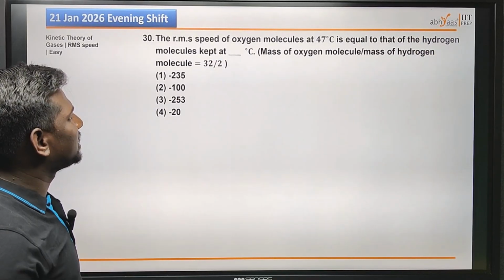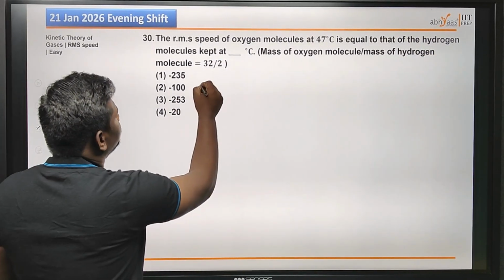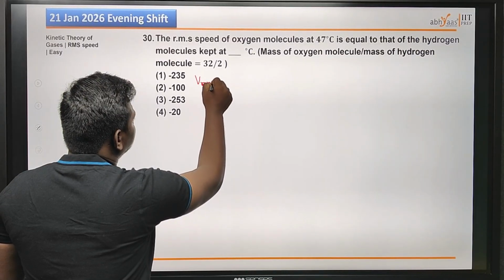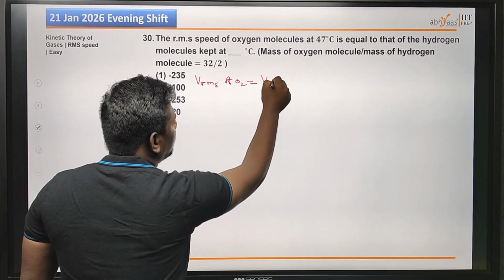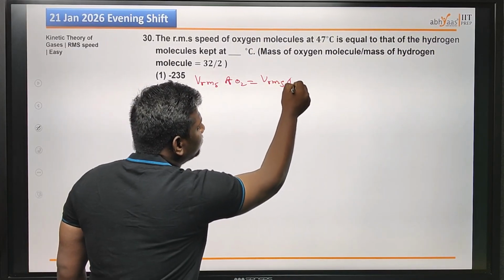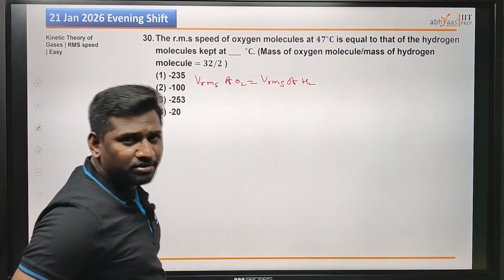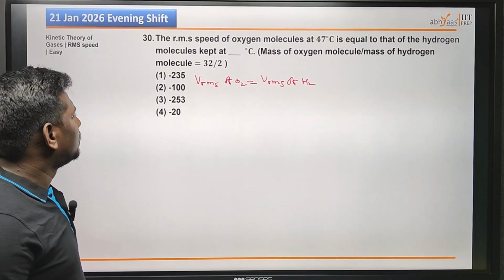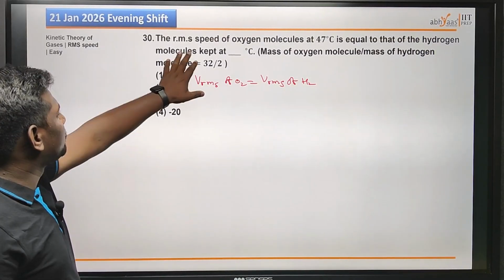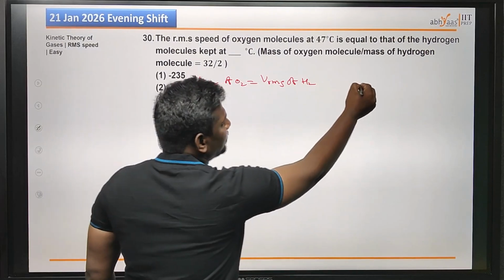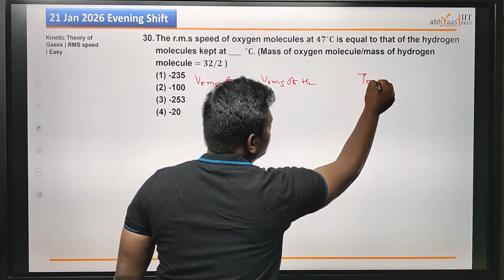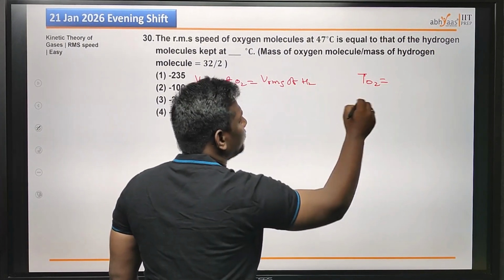So see here, what is the condition? Vrms of O2 is equal to Vrms of H2. They have given the oxygen temperature. The temperature of O2 equals 47 degrees.